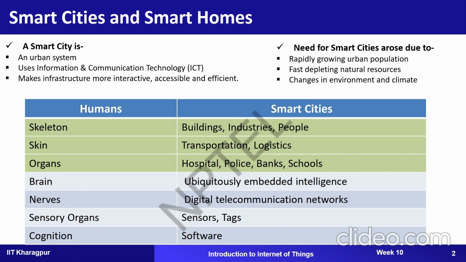So for preventing our fast depleting natural resources, smart cities are required. Then next is changes in environment and climate. With time, the temperature is continuously increasing, our glaciers are melting, and the weather is changing.